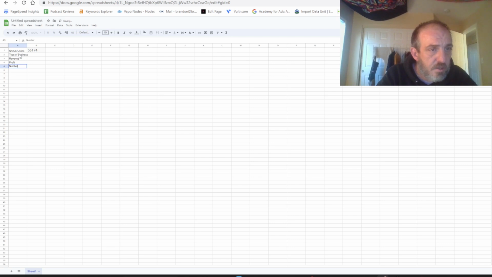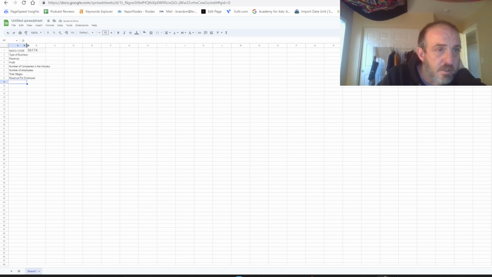Number of companies in the industry. Number of employees. Total wages. Revenue per employee are some of the statistics you're going to need.